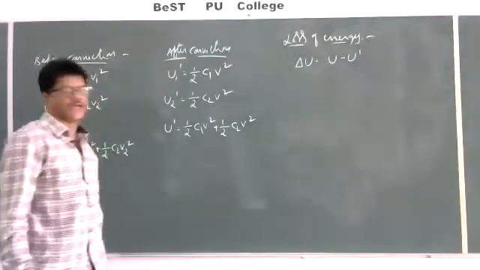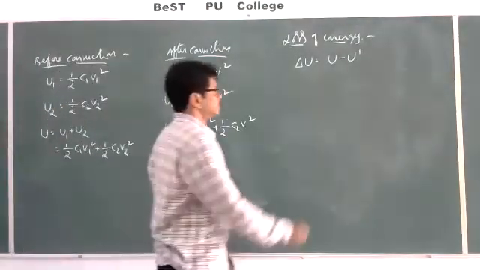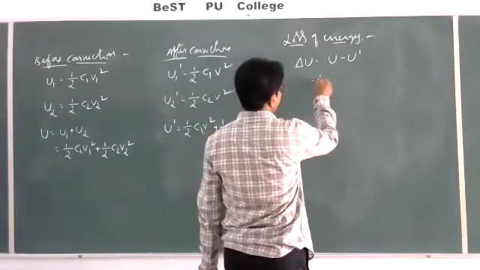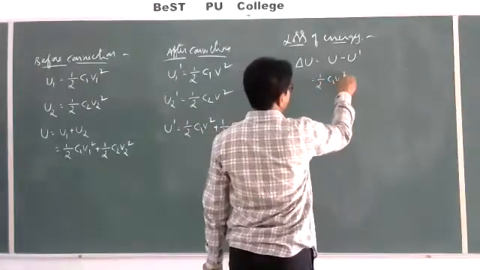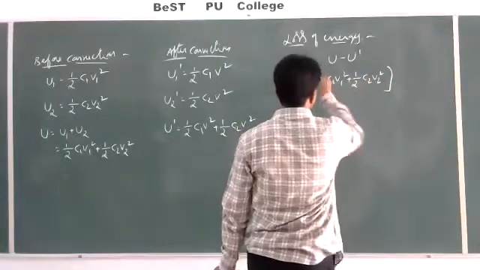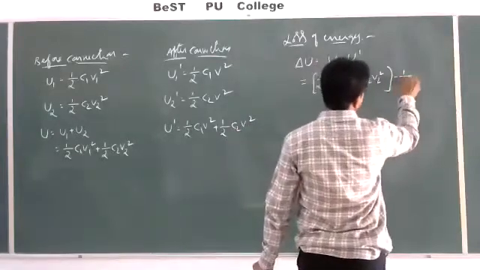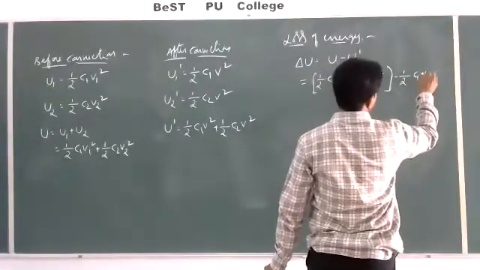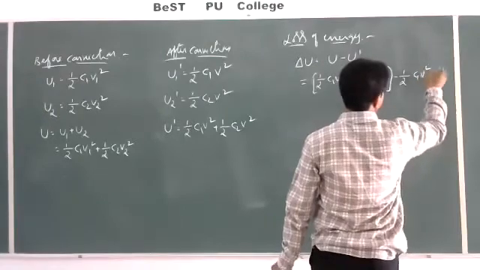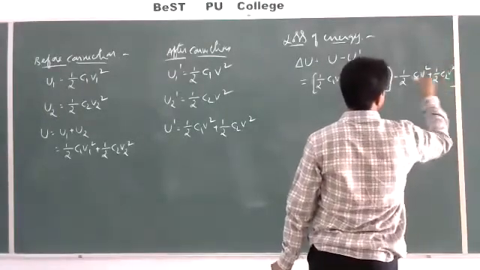U minus U dash will give the loss of energy, which is equal to half C1 V1 square plus half C2 V2 square minus half C1 V square plus half C2 V square.